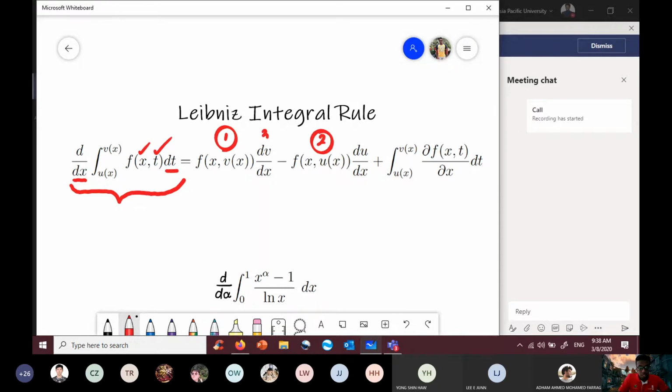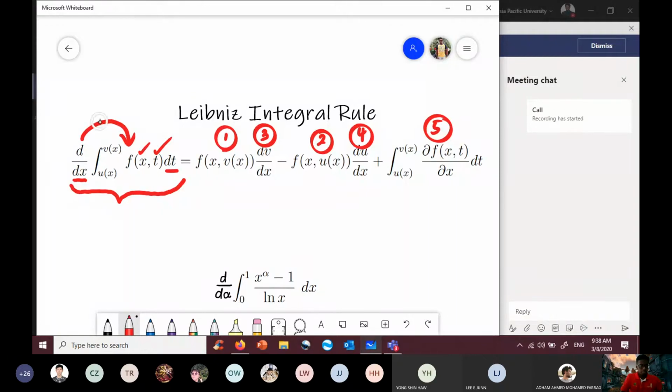Then we have dv over dx, we have du over dx. And finally, we have the derivative df over dx, the derivative of the whole thing here. It's like they push the d over dx inside here. Imagine that. You push the d over dx inside here, it becomes the derivative of f.